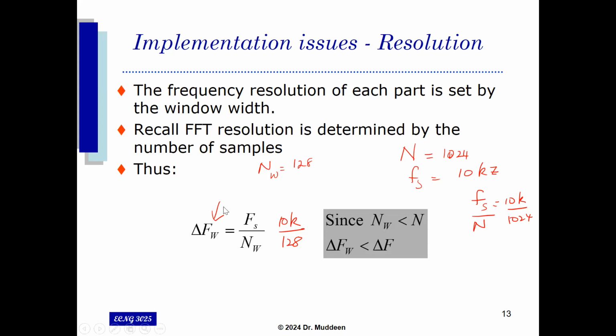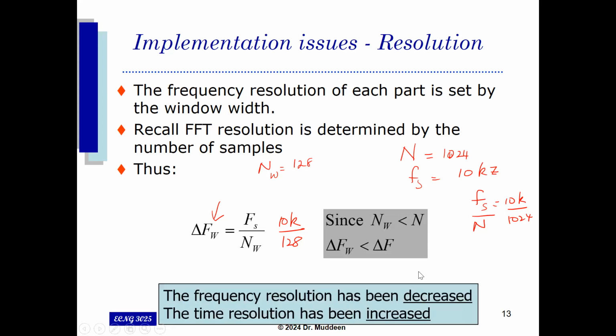Right? Good. So the frequency resolution has been decreased because of this. But the time resolution has been increased because we have zoomed in to the signal now. Instead of looking at it over one big section, we've actually zoomed into it in time.